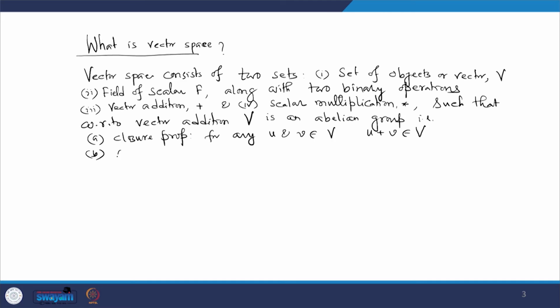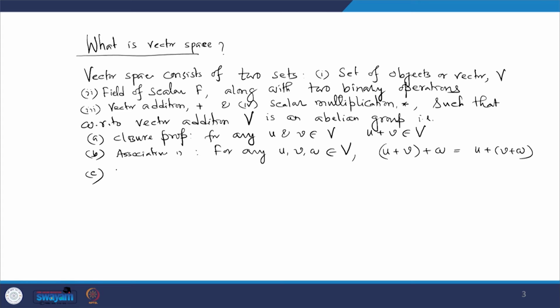Second is the associative property: for any u, v, w belonging to capital V, (u plus v) plus w equals u plus (v plus w).